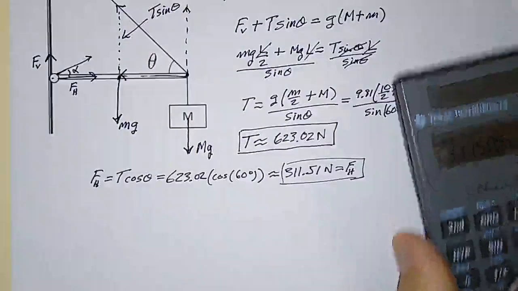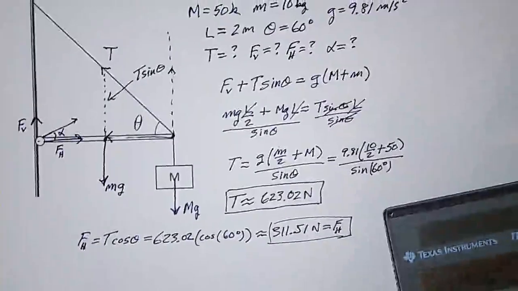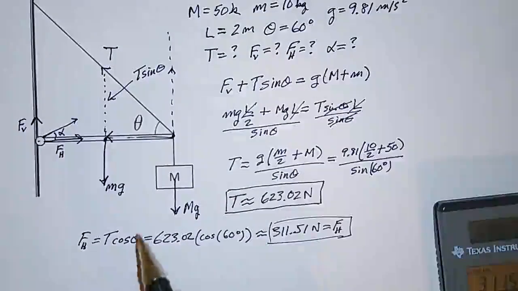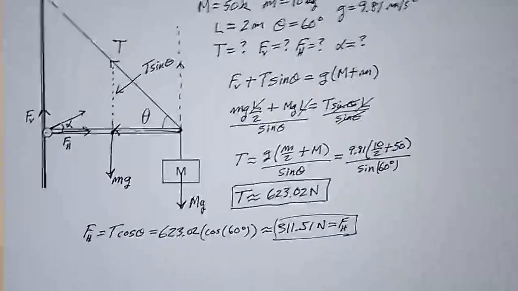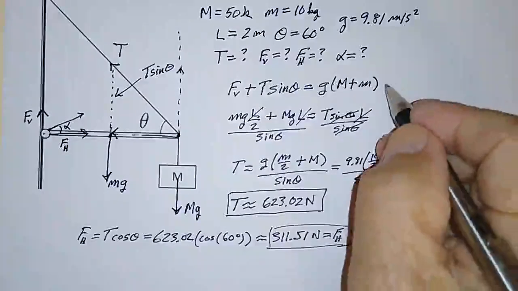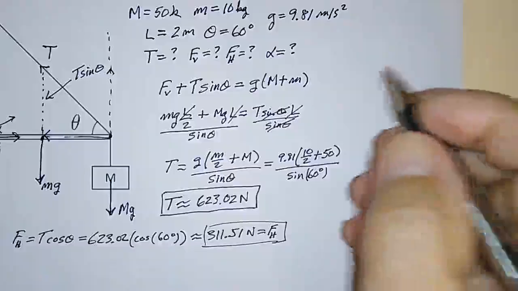All right, the vertical component I can get from this equation right up here. The vertical component, let me make sure that we can see it up here. In fact, I'll just write it right here. I'll solve this equation up here for FV.